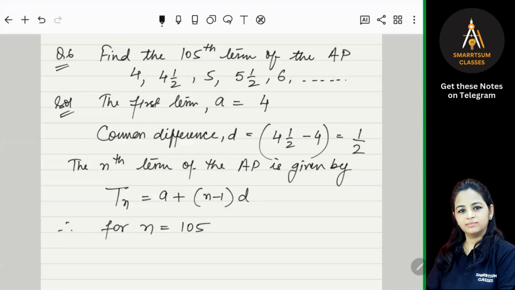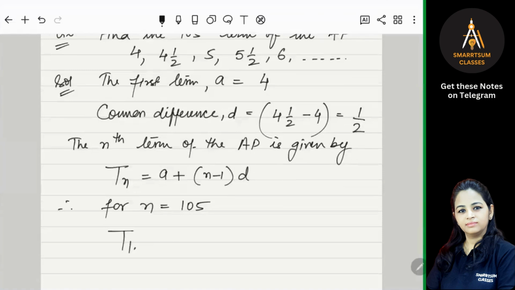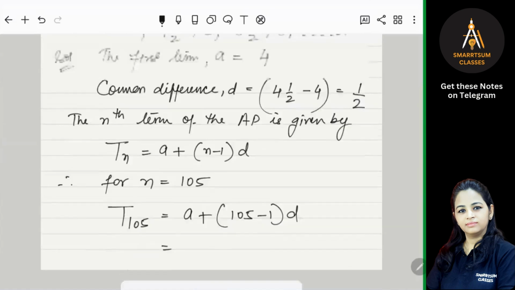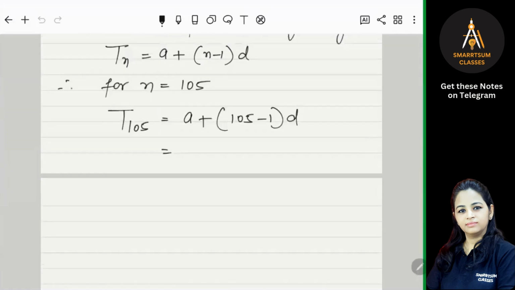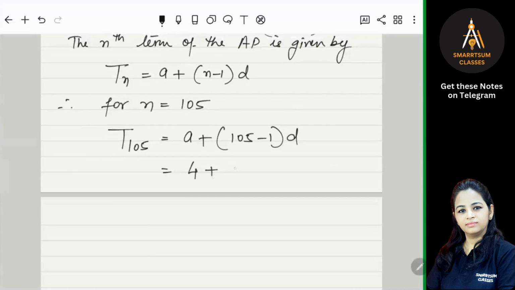So for 105, it will be T105 equals A plus 105 minus 1 into D. Now put the values of A and D into this. A is 4, 105 minus 1 into D. D is 1 by 2, right?